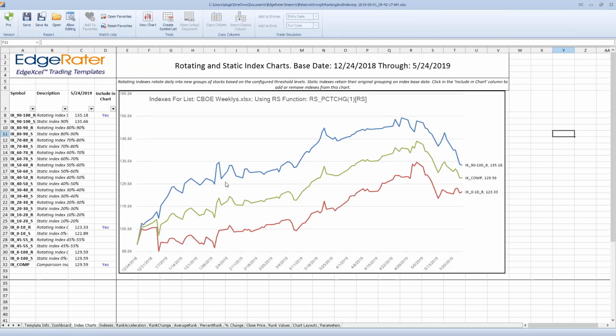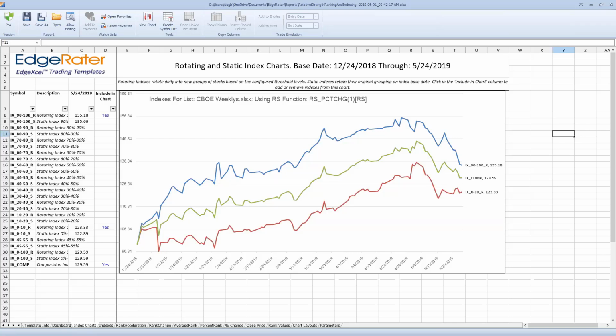You can look at time periods where the market has been increasing, and also time periods when there's been a sell-off, and see whether the highest relative strength stocks underperform the lowest during sell-offs, and how that compares to rallying markets.